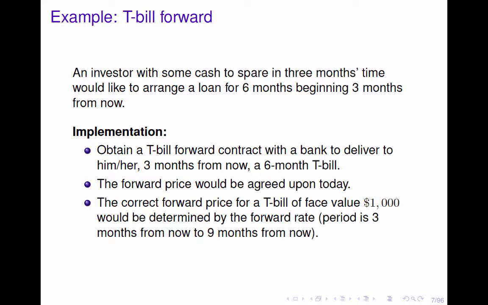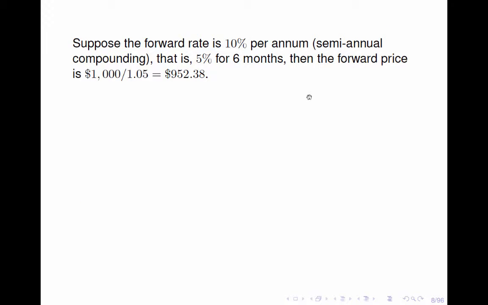This price can be determined by the 6-month forward rate, beginning 3 months from now. Assume the face value of the T-bill is $1,000 and the forward rate is 10% per annum with semi-annual compounding. Then the 6-month forward rate is 5% and the forward price can be calculated by $1,000 divided by 1.05, which is equal to $952.38.